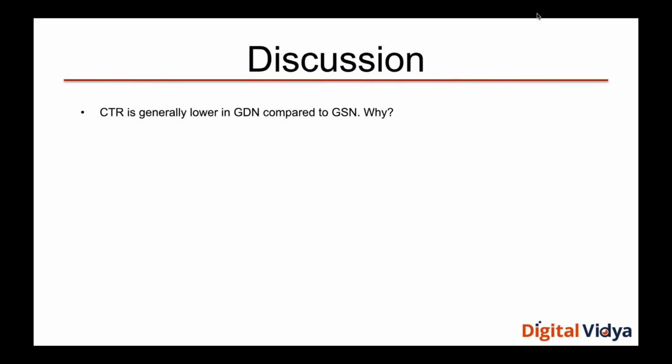I am saying it is generally lower on display network compared to search network. Diksha, yes, because GDN ads are a distraction. Okay. Relevance, closer. Anybody else want to try? Too many ads, but what if it's a relevant ad, Abhijit?